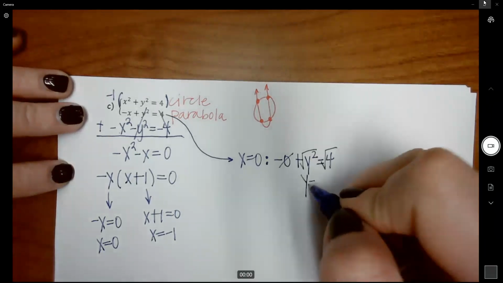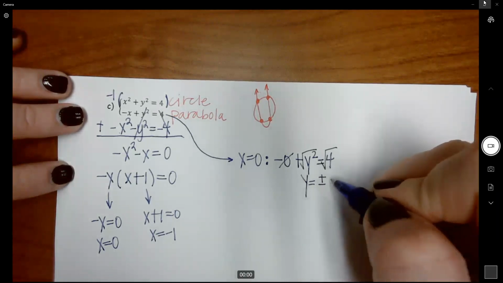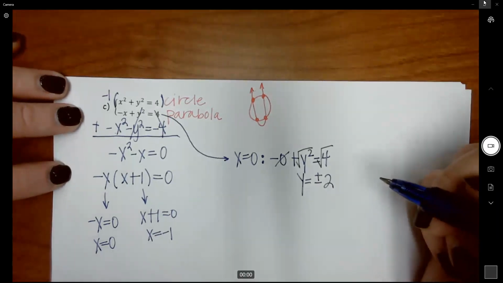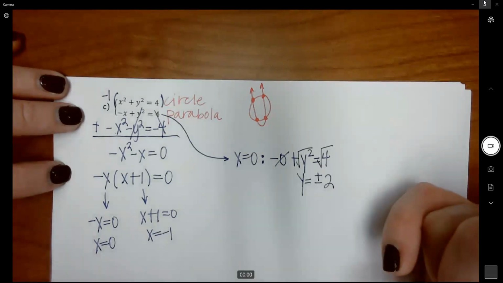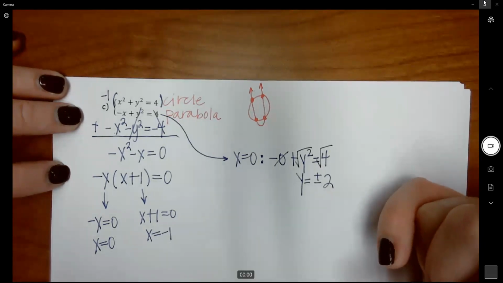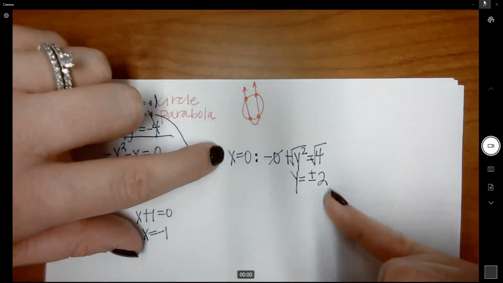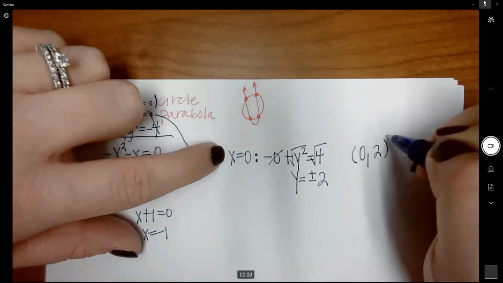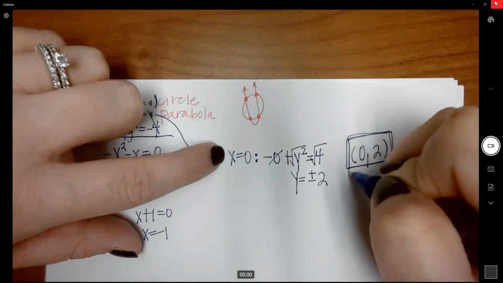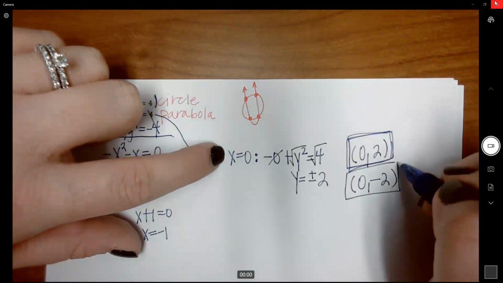So we get y equals, the square root of 4 is 2, but don't forget that's the plus or minus of it, right? Because -2 squared is also 4. So when my x is 0, my y is 2 and -2. So we get 2 ordered pairs when x is 0.